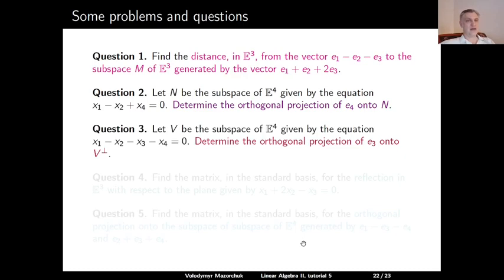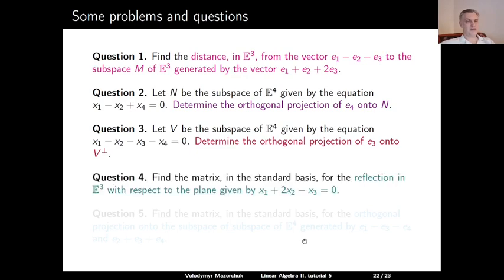Question 3. Let V be the subspace of E4 given by the equation x1 minus x2 minus x3 minus x4 is 0. Determine the orthogonal projection of E3 onto the orthogonal complement to V. Question 4.